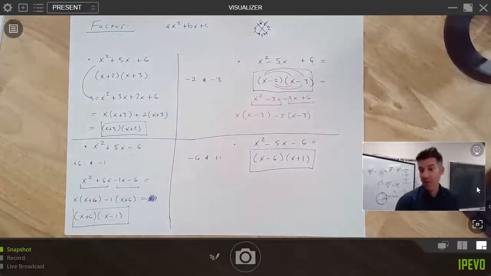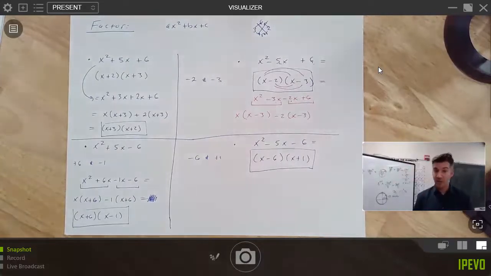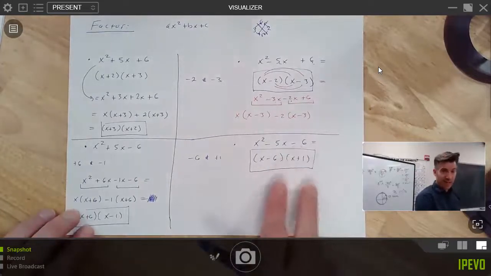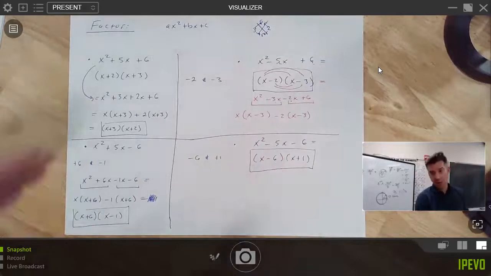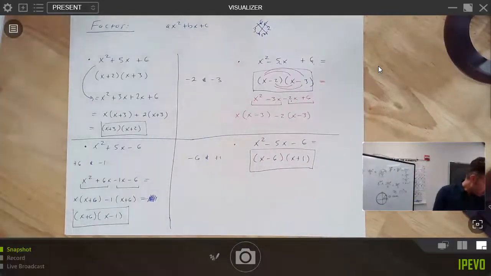So just be careful when you're doing these, right? You can easily get the wrong answer if you're not being careful. So really make sure you're paying attention to the sign. Right? I want these numbers to multiply to -6 and add up to -5, and so on and so on. All right.